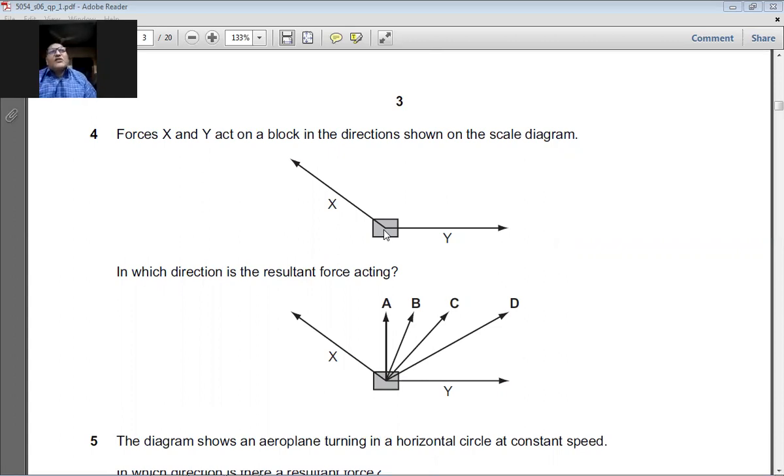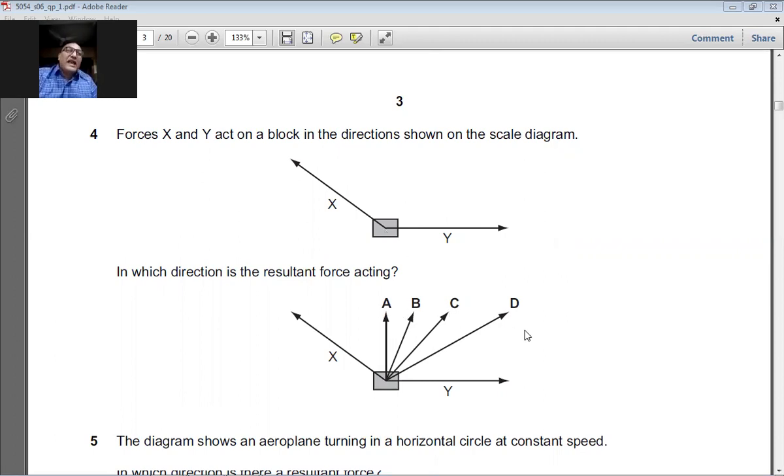I will suppose that these are the adjacent sides of a parallelogram, and I will complete that parallelogram. Then I will join the point where the tails are joined with the opposite corner of the parallelogram, and that will be the resultant.